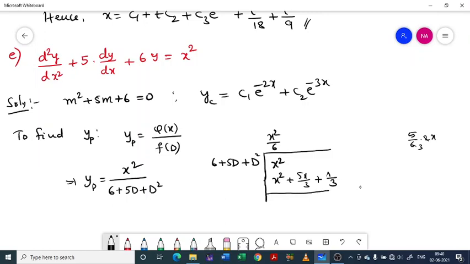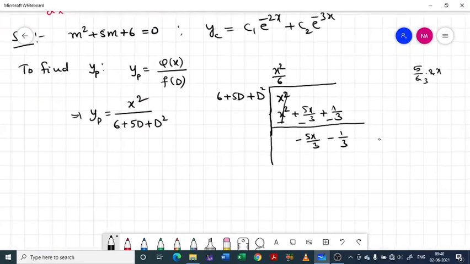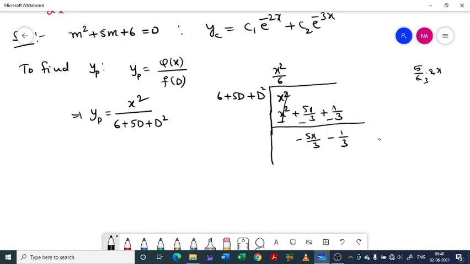So these two get cancelled, these two will remain with minus 5x by 3 minus 1 by 3. Now minus 5x by 3 divided by 6, that is minus 5x by 18.